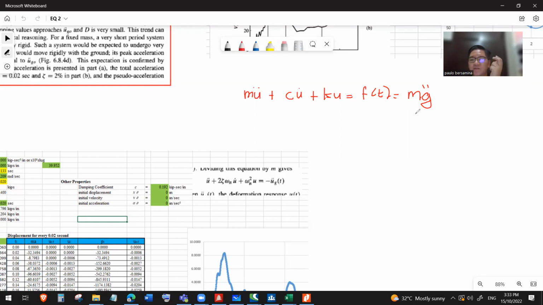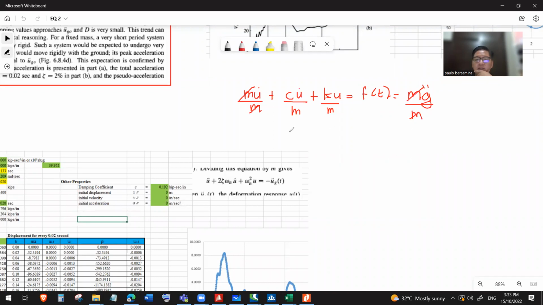Now, let's divide both sides by m. Ayan, makakancel out ito.